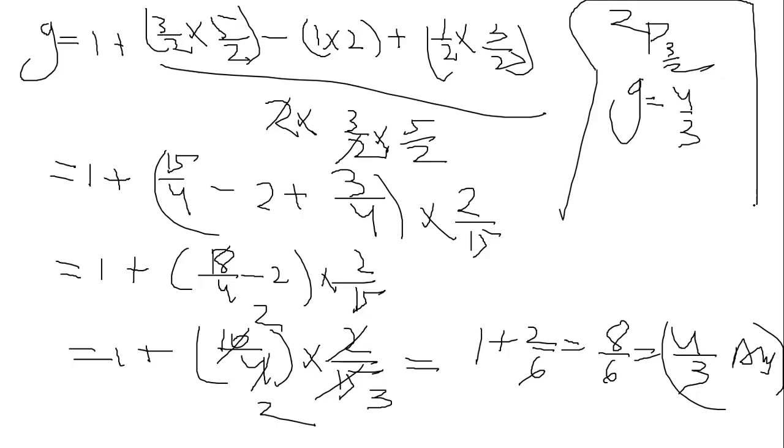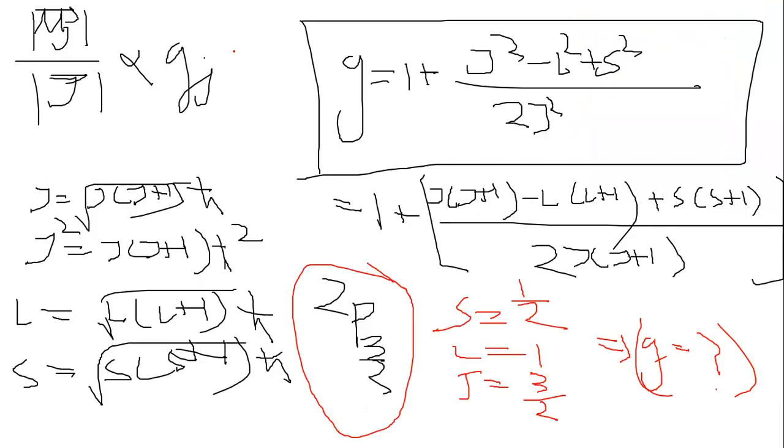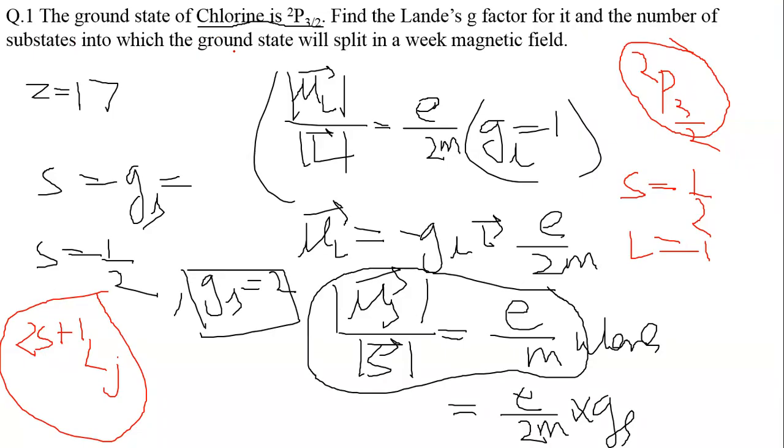So for 2p 3 by 2, the Landé g factor value is 4 by 3. Here we calculated, and everyone is getting the same answer. So we completed the first part of the question.